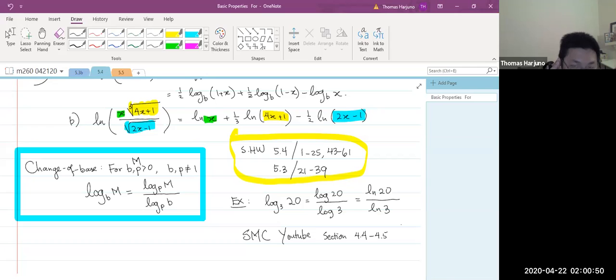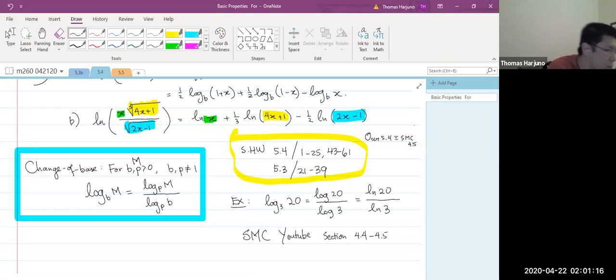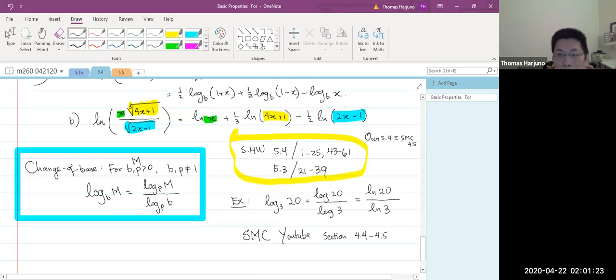Our 5.4 is equivalent to SMC's 4.5. Hold on, let me see the book. Yes, it's parallel to their 4.5.